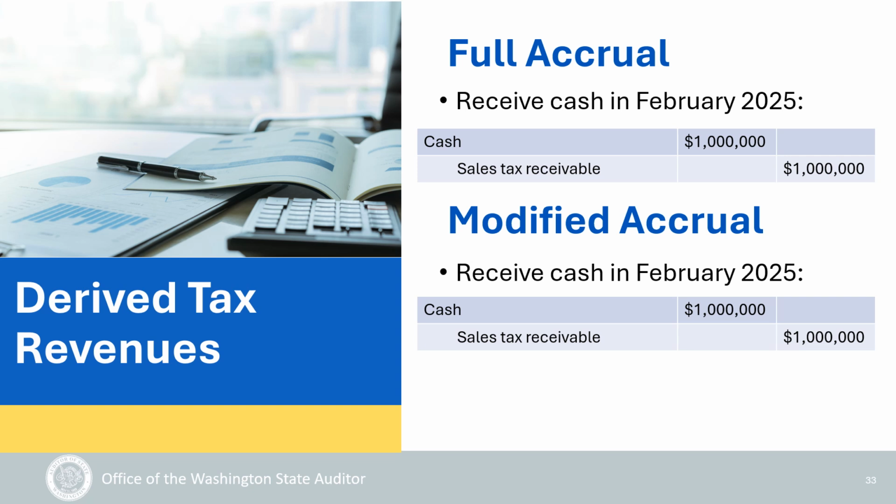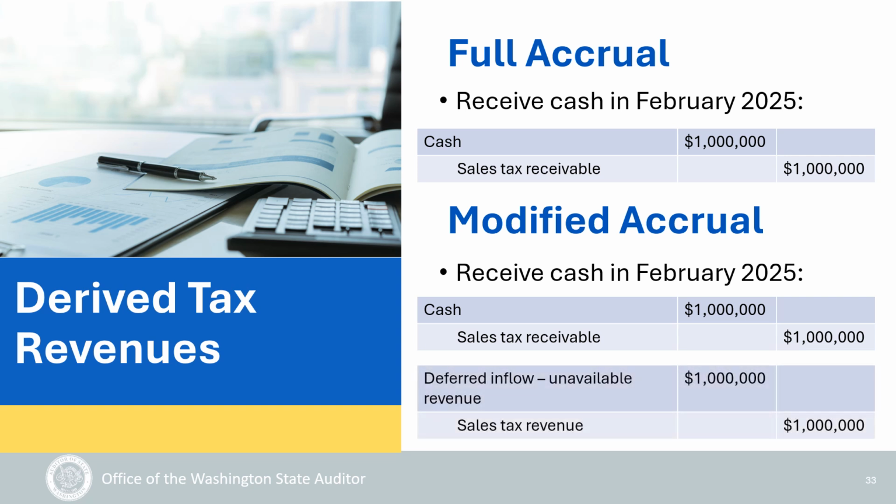We need to get rid of that now that we have received the cash. Since we originally recorded a credit for deferred inflow, to reverse it, we need a debit. The credit side of this transaction will be sales tax revenue. Notice how in full accrual, the sales tax revenue was recorded in December. But under modified accrual, with a 30-day availability period, the sales tax revenue wasn't recognized until the next fiscal year.